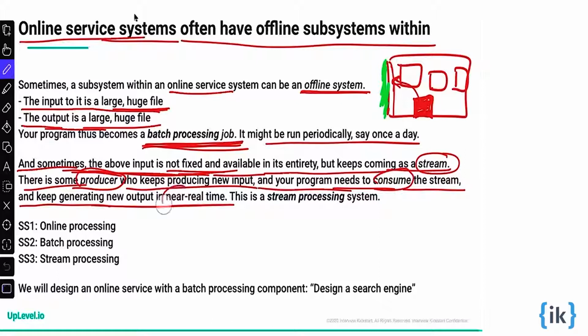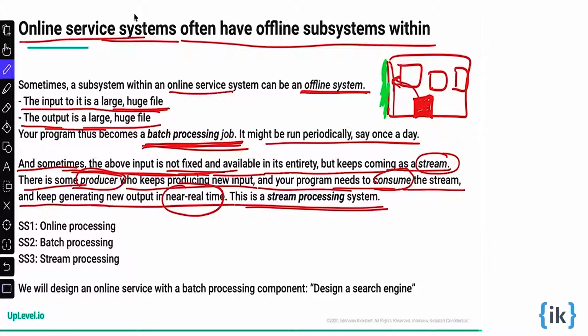It doesn't have to be done exactly in real time, but you don't want the index to be stale for a month. Maybe you want it to be stale for only a few hours or maybe a day or maybe a few minutes, or maybe as soon as the page is crawled within 1 minute, you want the data structure to be changed so that the users see the updated version as quickly as possible. So that's what stream processing subsystems are.